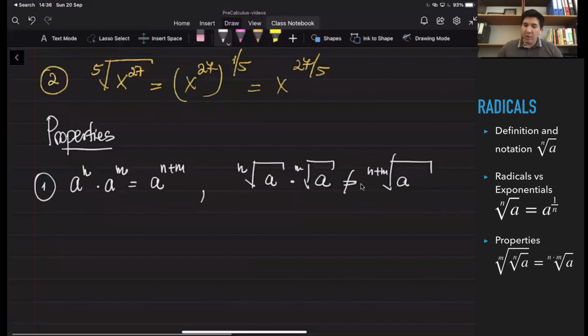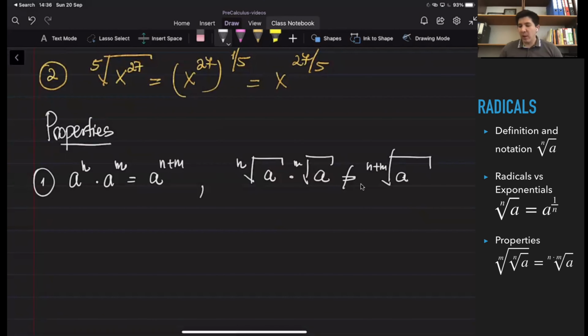The n-th root of a is going to be a to the power of 1 over n, times the m-th root of a, which is going to be a to the power of 1 over m, right? So according to this rule, it's going to be equal to a to the power of 1 over n plus 1 over m, which is not simply 1 over n plus m, right?